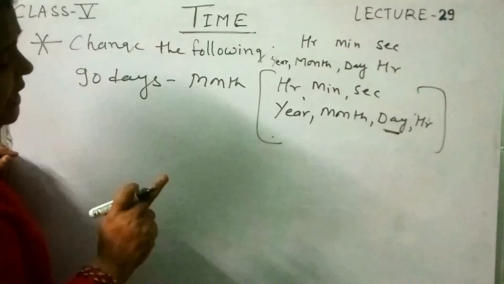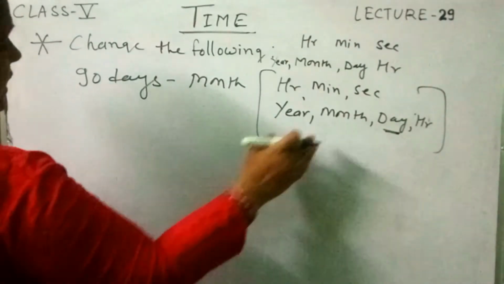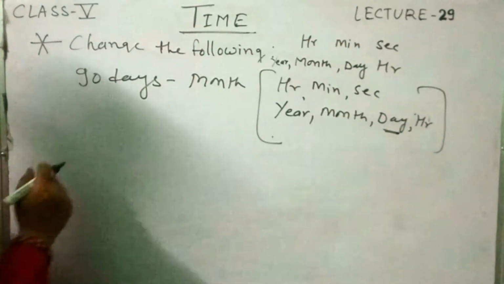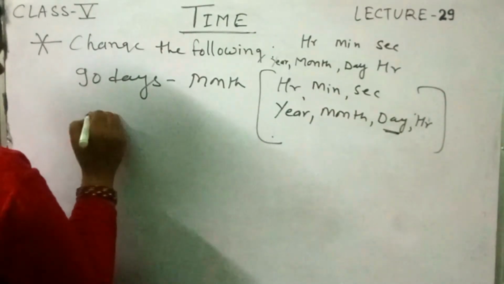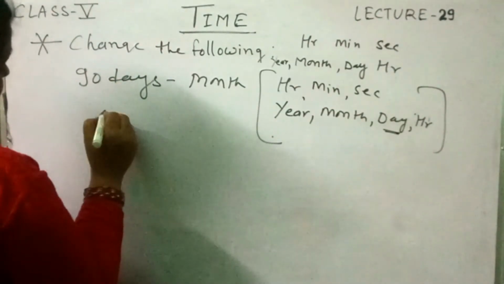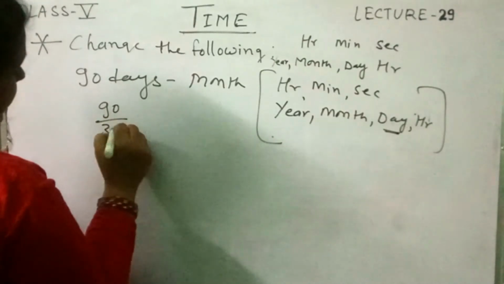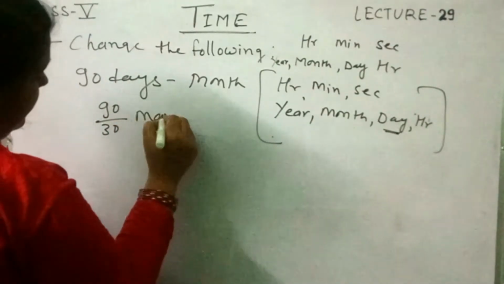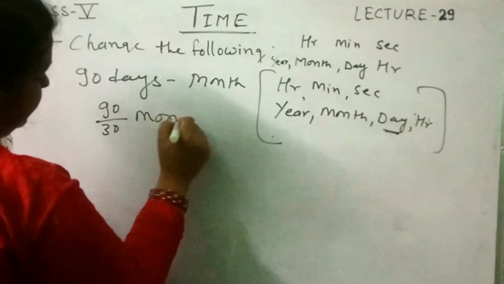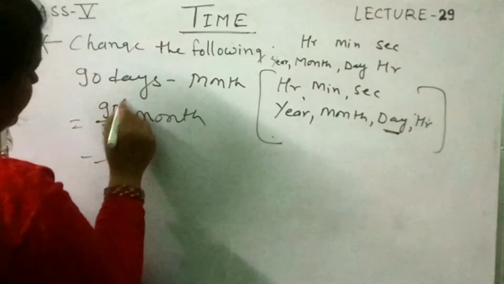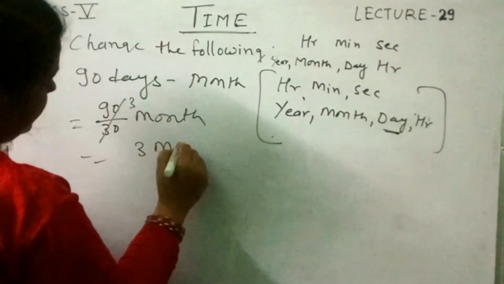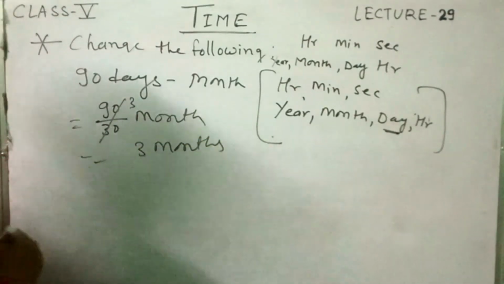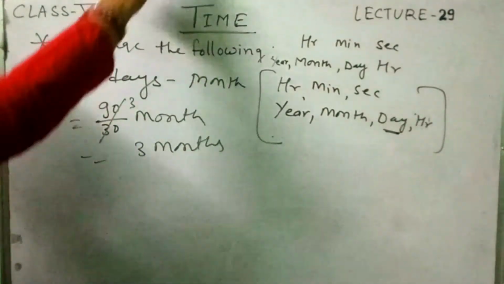And you know 1 month is 30 days, so you divide it by 30. 90 divided by 30, then it will be the month. That is 3 months.